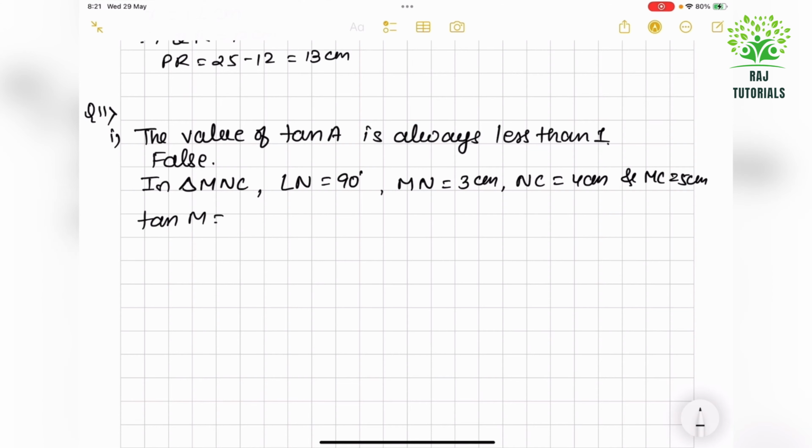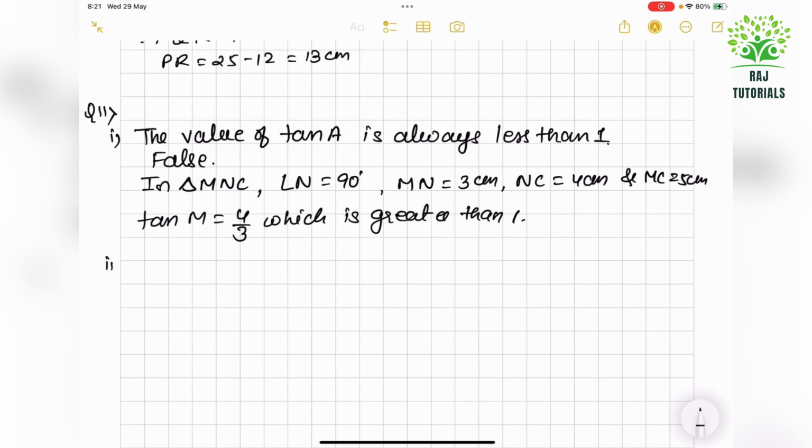Tan M will be 4 by 3, which is greater than 1. Hence, I proved that it can be greater than 1.